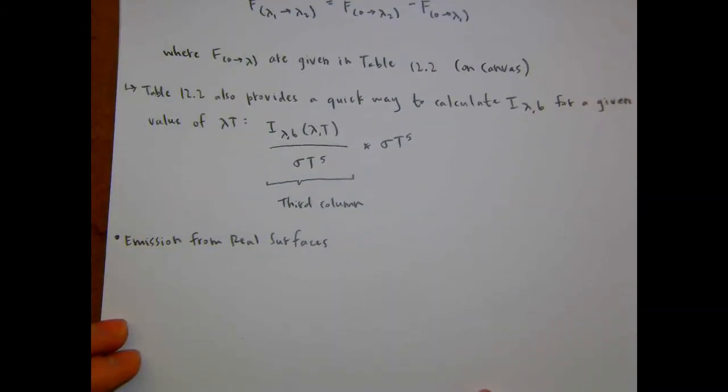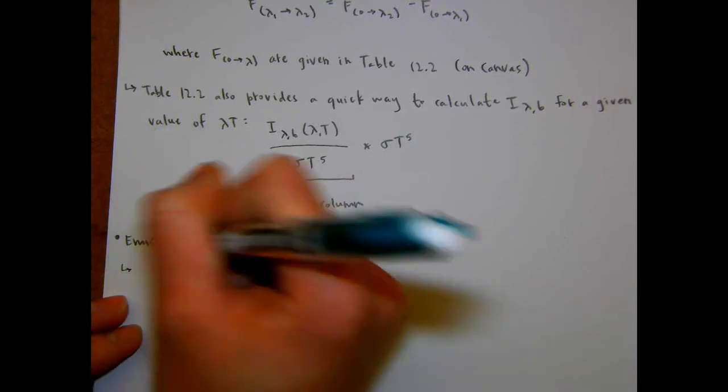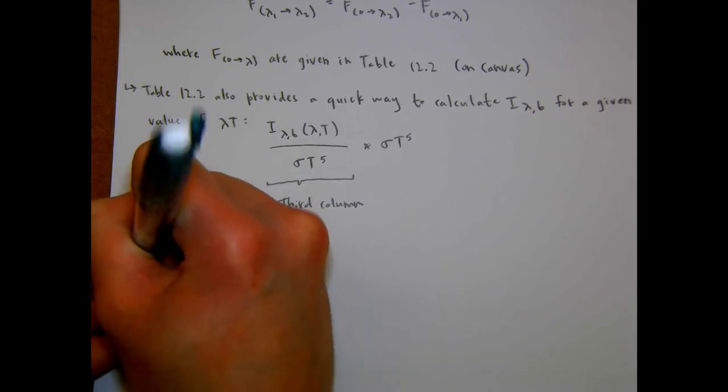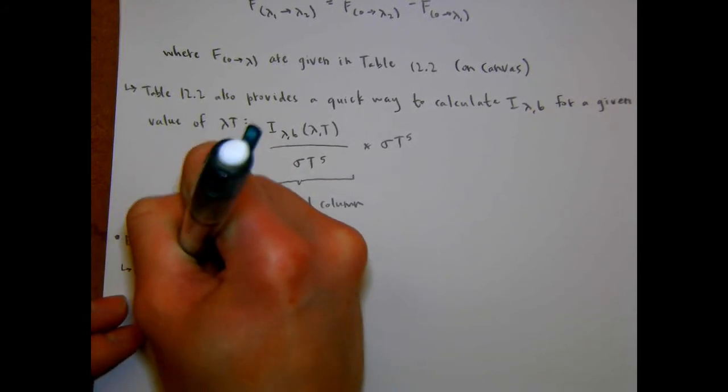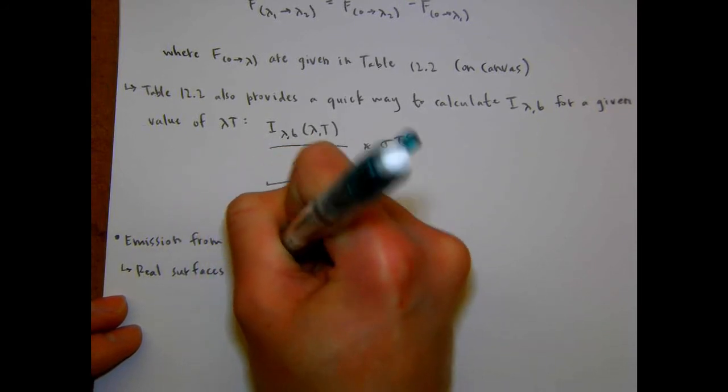So this should be just a little bit of a review, but kind of introducing it now in the context of the additional information that we know about radiation and black body radiation. So real surfaces emit less radiation than a black body at the same temperature.